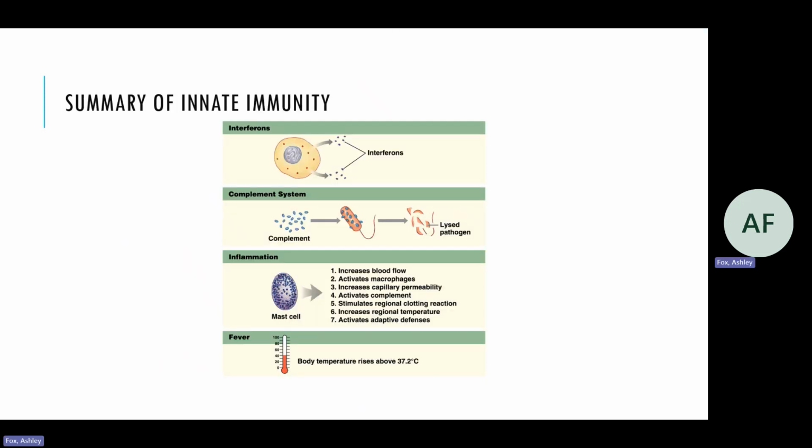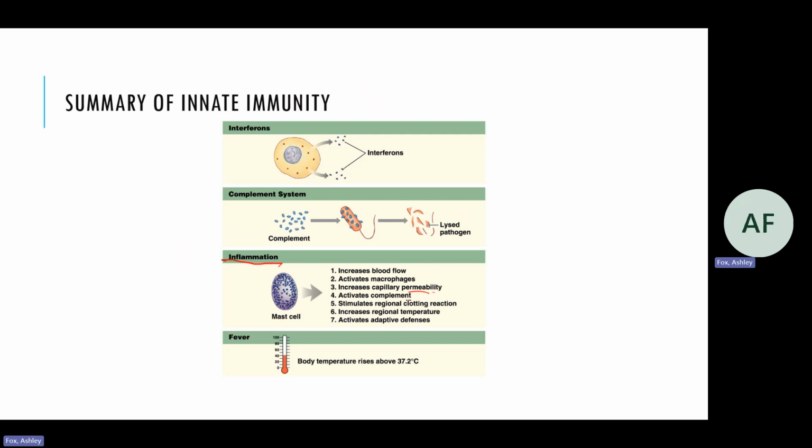So just looking at interferons, complement, killing a bacteria cell itself, just poking holes in it with its membrane attack complex and causing lysis. Increased inflammation, again, more blood flow. It can activate macrophages, increase permeability. Complement activates inflammation.